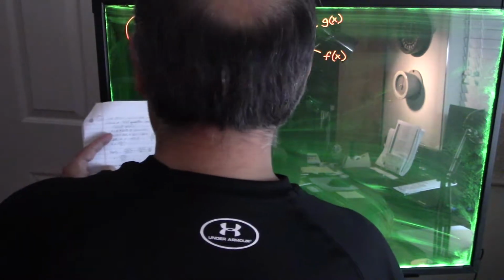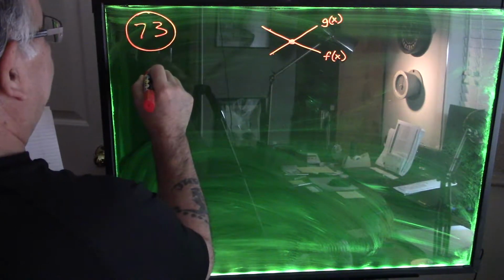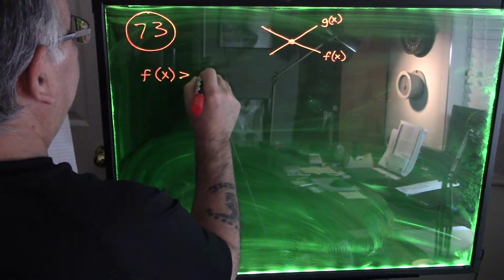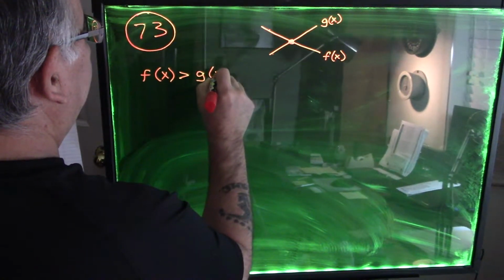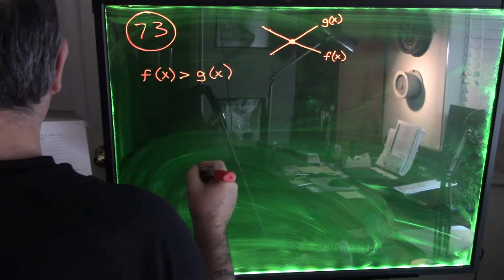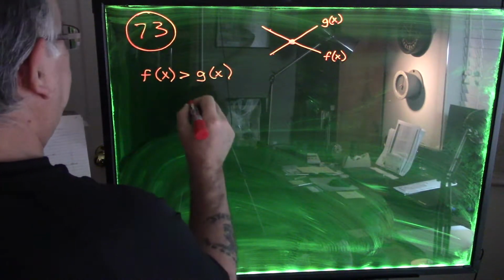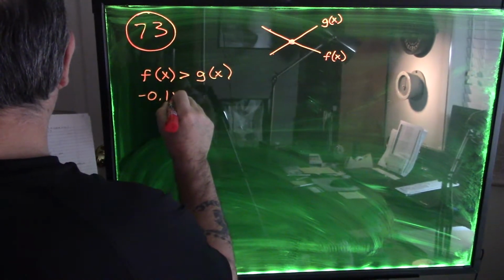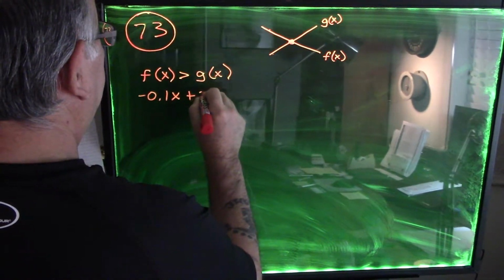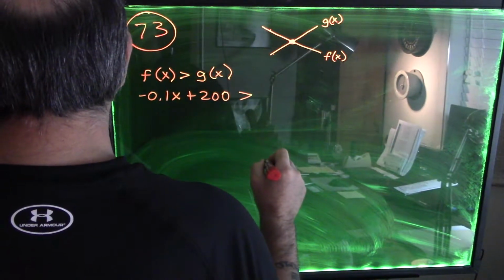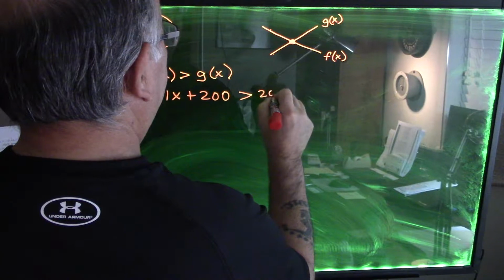Let's do that. I'm going to write f of x greater than g of x. And so f of x is negative 0.1x plus 200, and greater than 20x plus 0.1.